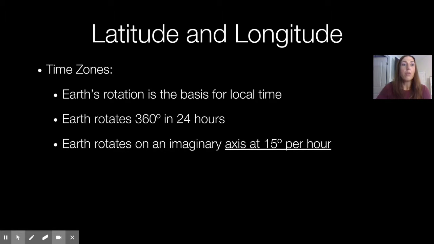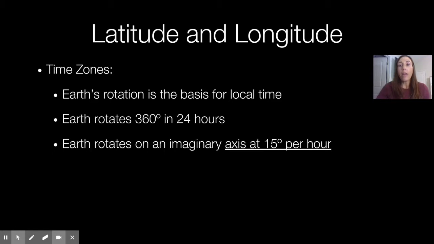Okay, so time zones are important too when it comes to maps. And remember, Earth's rotation is the basis for local time. Remember, Earth is a sphere, and it's 360 degrees, and we know it takes 24 hours to make one complete revolution on its axis, or rotation on its axis.